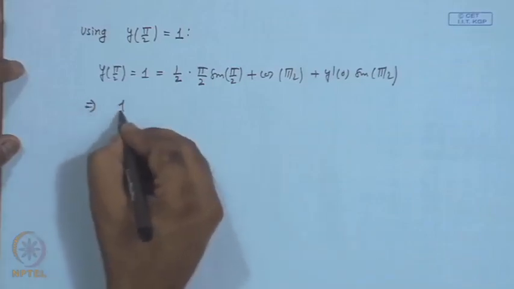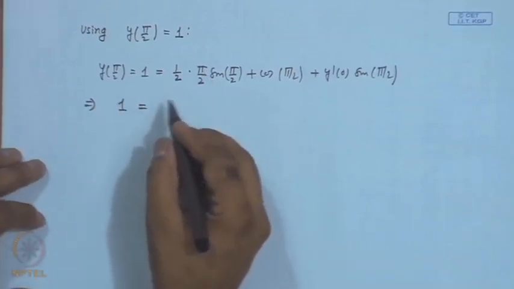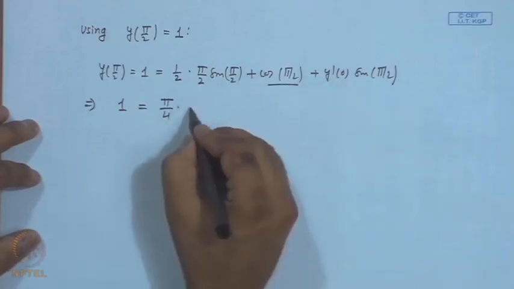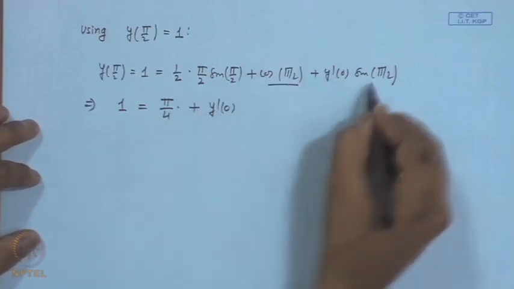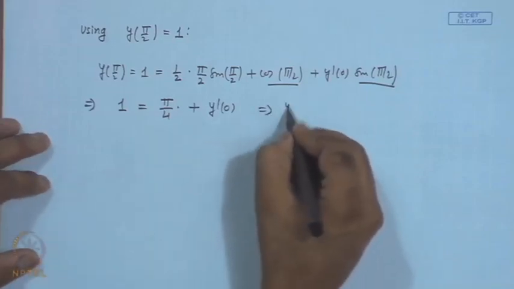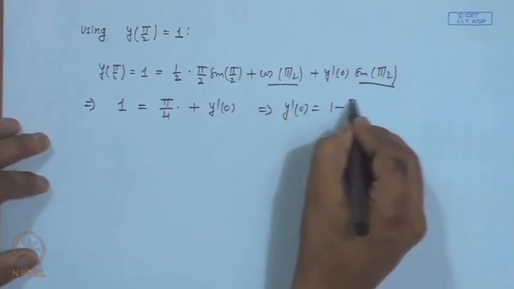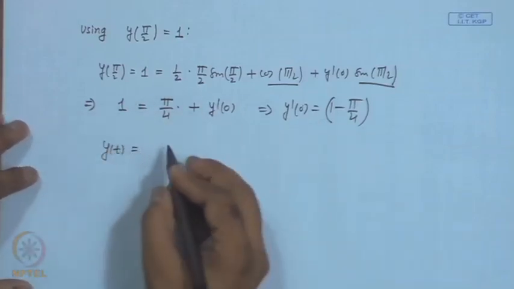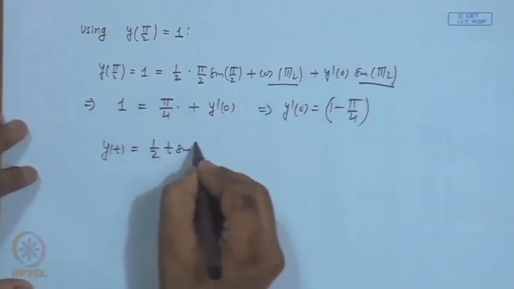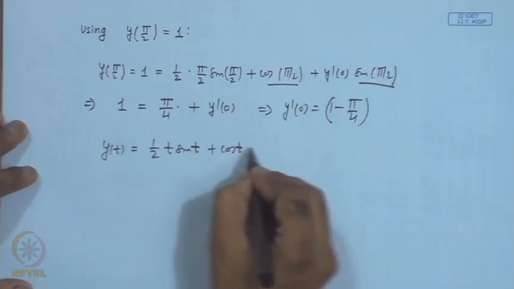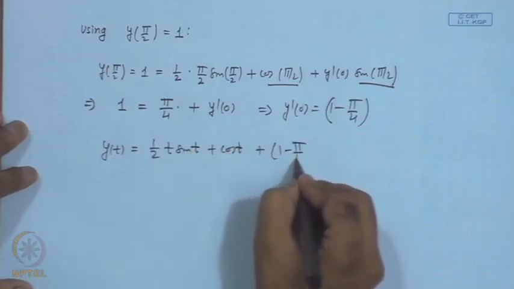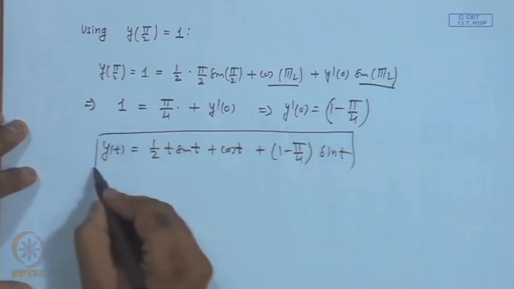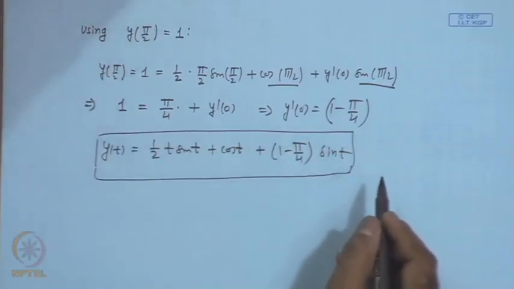So, what we get here is 1, then we have here pi by 4, this is 1, this is 0, and plus y prime(0), because this is also 1. So, here we get y prime(0) is 1 minus pi by 4, that we can again substitute to get that y(t) is half t sin t plus cos t plus (1 minus pi by 4) sin t. So, in this way we can also obtain the solution of the boundary value problems.